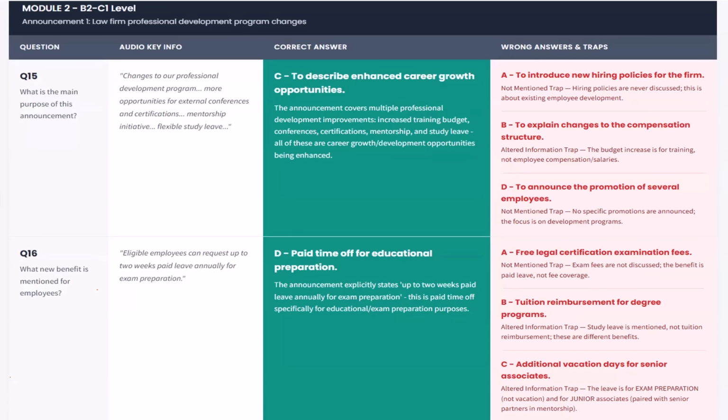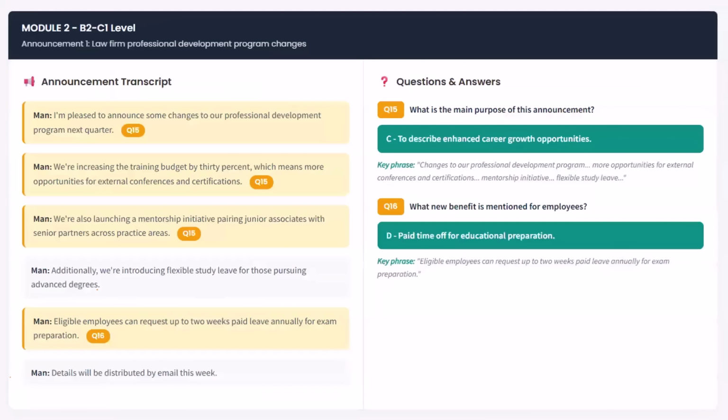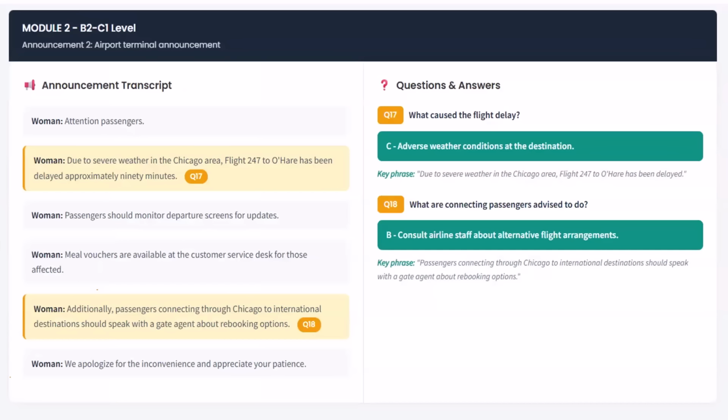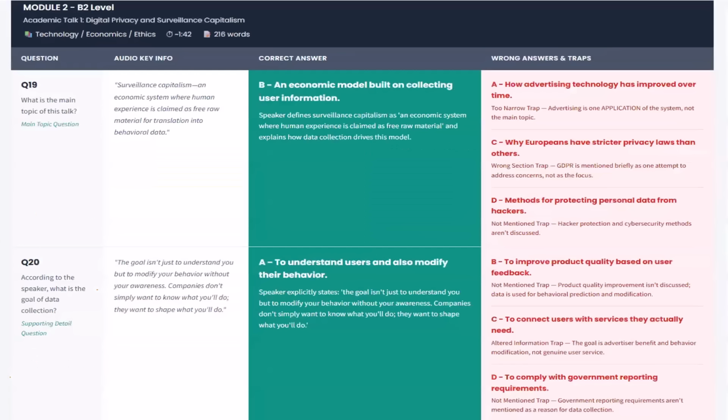15 is C, 16 is D, and there it is with the transcript. 17 was C, 18 was B. There they are with the transcript. 19 was B, 20 is A. Yeah, Elena, what made you choose D at the end?